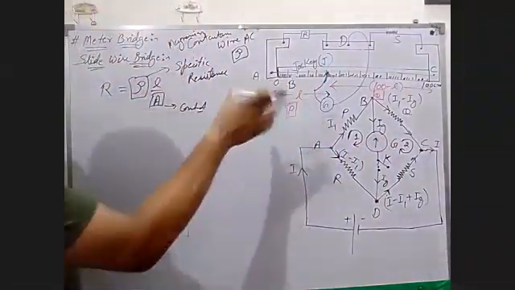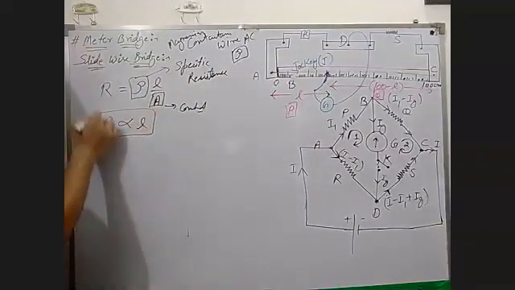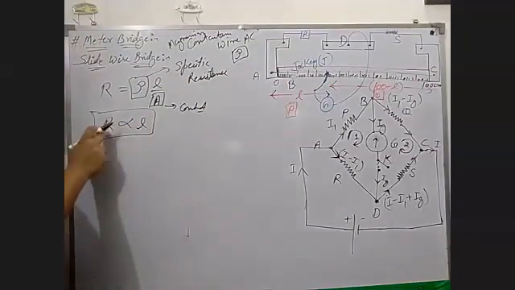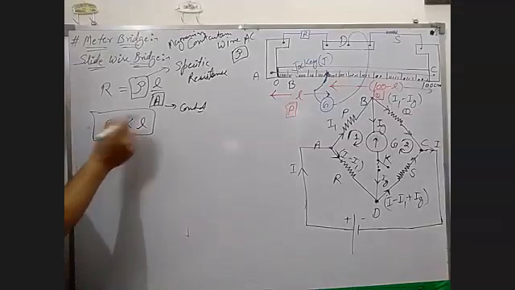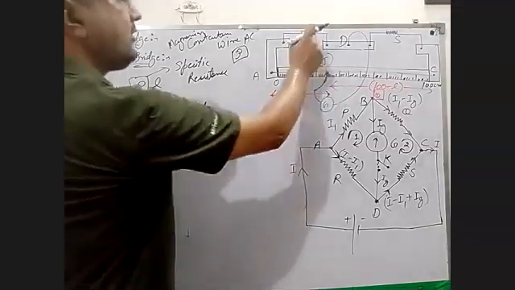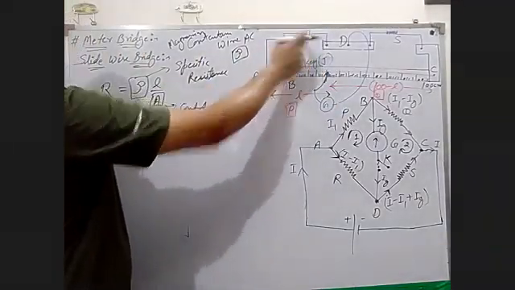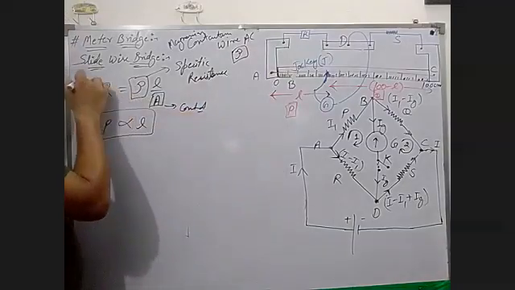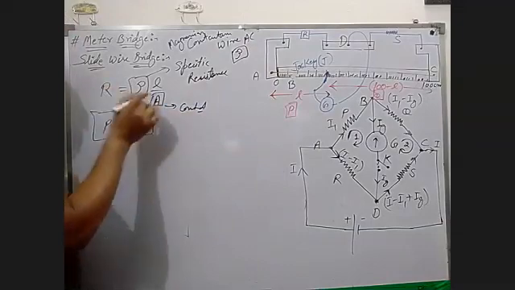That's why length is varying, and R is directly proportional to L here, and this L decides the value of P. Okay, P is the resistance here, not this R. This is the general formula for calculating resistance.